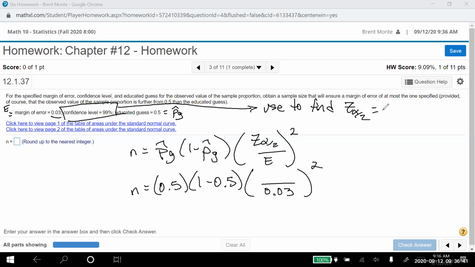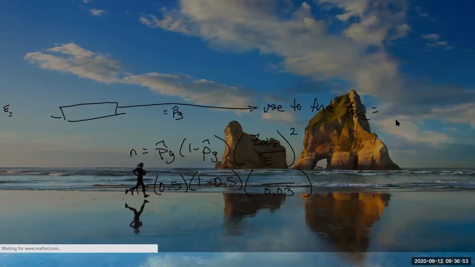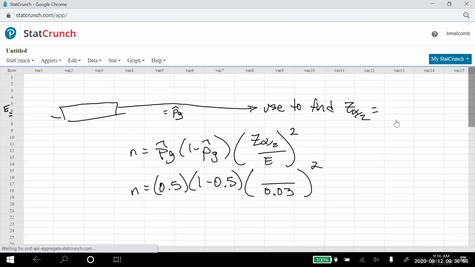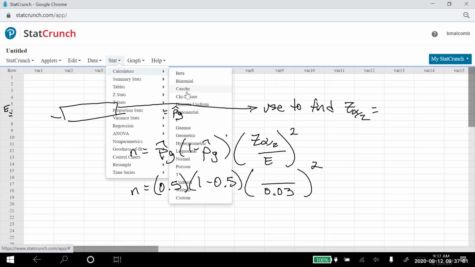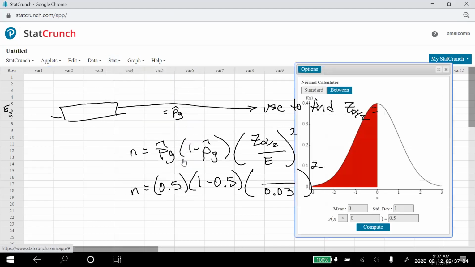All right, so let's do it. So remember, 99% confidence level. Here's what we do. Let's open up StatCrunch, and I'll show you how to do it. It's real easy from what we did before. So what I do is I go into Stat, Calculators, Normal calculator. And there's my normal distribution. I'm looking at a 99% confidence level. That means I'd have a 99% confidence interval.